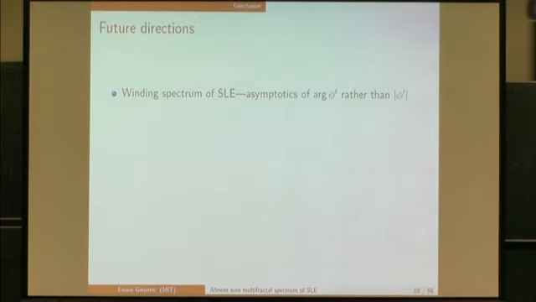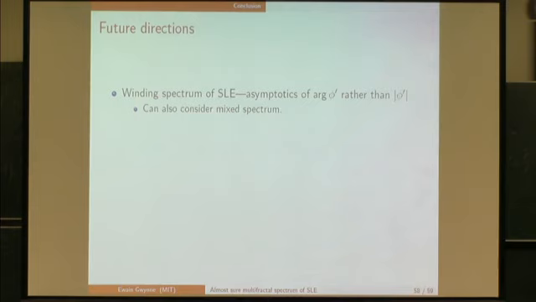Then I just wanted to mention a couple of related directions that one can take after this work. There's something called the winding spectrum of SLE, in which one studies the asymptotics of the argument of phi prime rather than the asymptotics of its modulus.